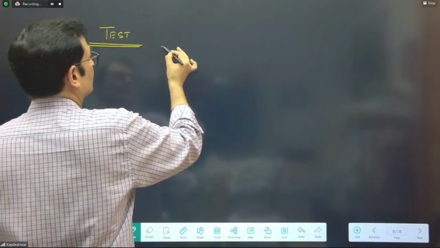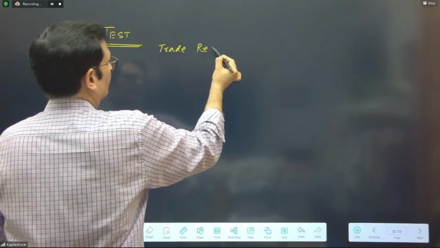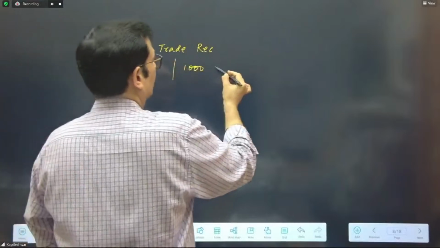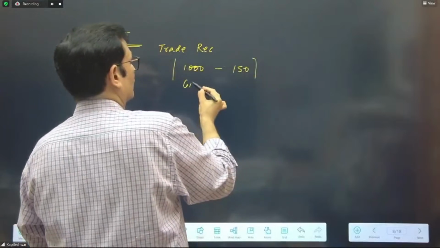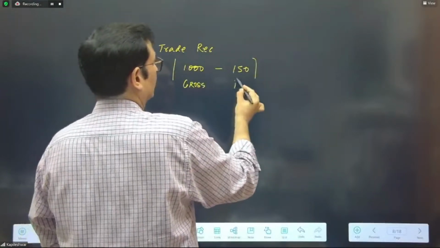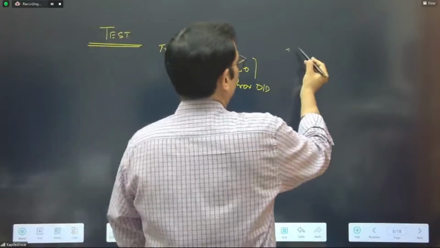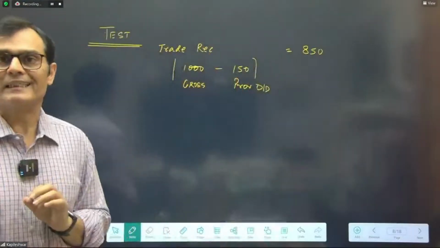Let's say I've got trade receivables. The trade receivable is 1,000 minus 150. This is the gross receivable, and this is the provision for doubtful debts. The carrying amount of the trade receivable in the balance sheet is appearing at 850.